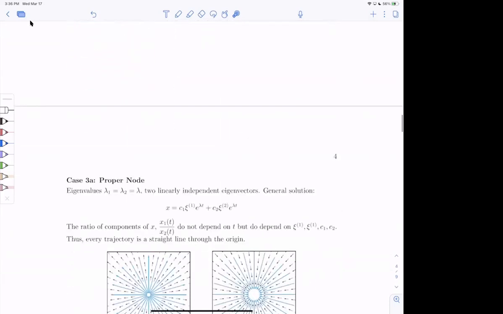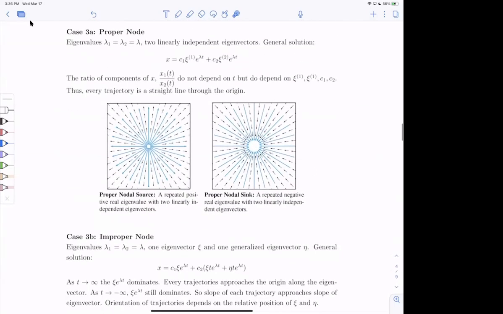Okay. And the third one, 3a, you would have proper node. This is when you have repeated eigenvalue. However, they are not defective, which means if you have multiplicity of 2, then you can find 2 linearly independent eigenvectors. So this is called proper node. Another name for it is star point because it's like straight lines going either in or out.